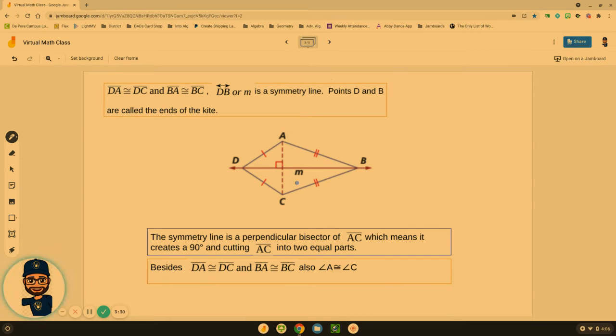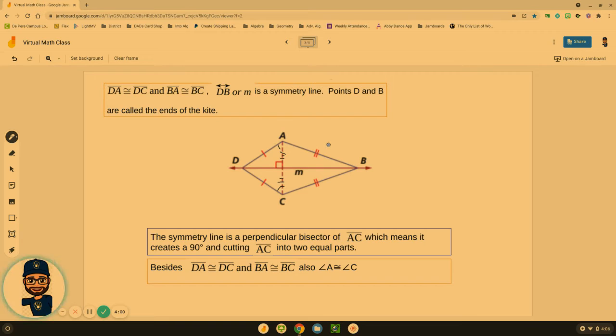And because it's a symmetry line, if I drop in this perpendicular bisector, it means that it cuts it into 2 equal parts. So that segment will have to be equal to that segment. A to the midpoint is the same as the midpoint to C. We also said, again, this angle is congruent to that angle, this angle to that angle.